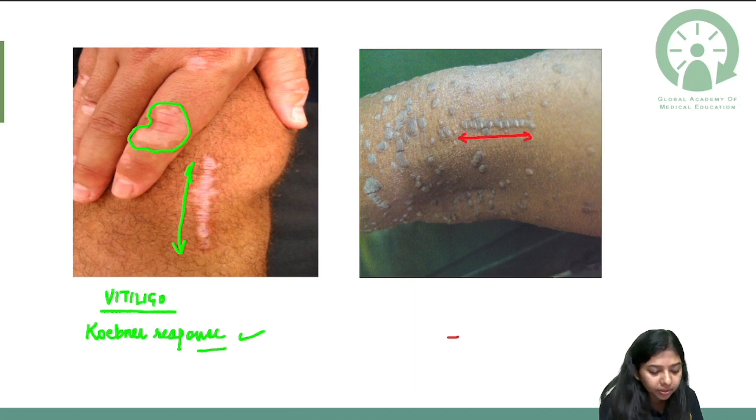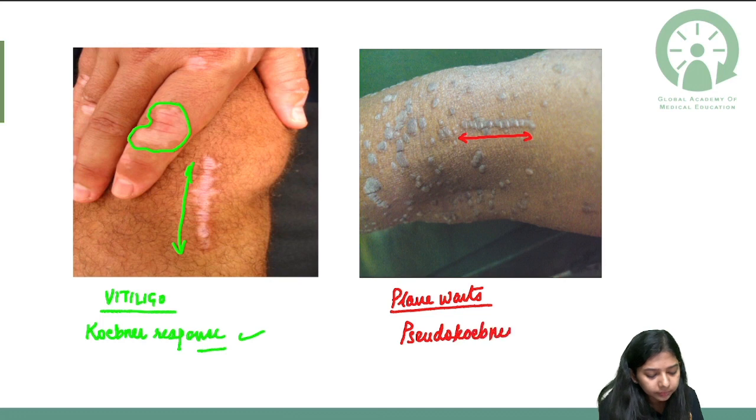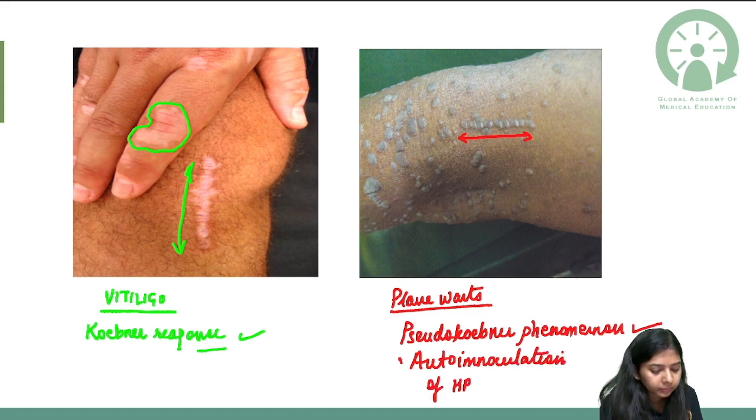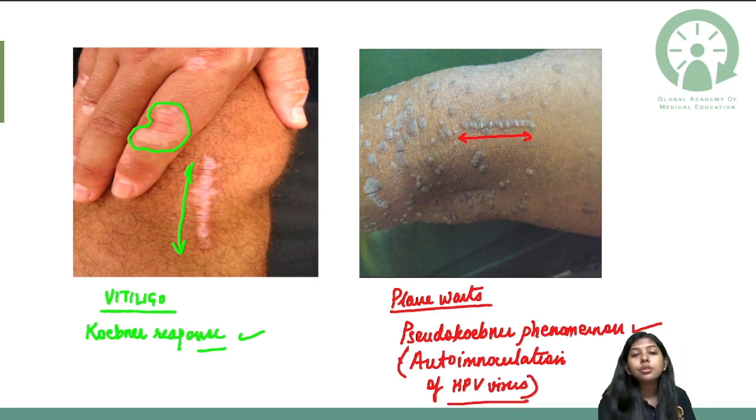This is plain wart, verruca plana, and you're getting a pseudo-Koebner phenomenon here because of auto-inoculation of the HPV virus. So this is plain warts, and you're getting pseudo-Koebner phenomenon here.